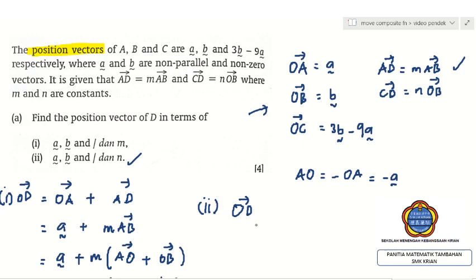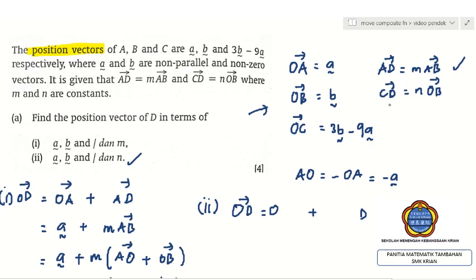But we don't use the same addition of vector from the first question, OA plus AD. So right now for OD we must get a different addition of two vectors. We can try another letter, start with O, end up with D.